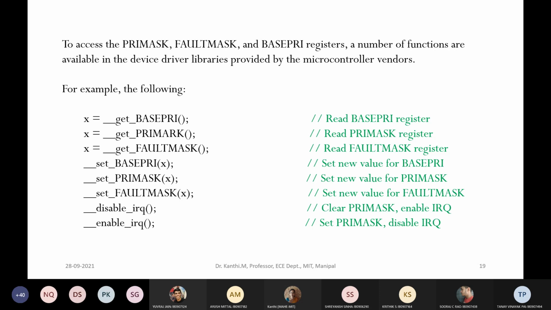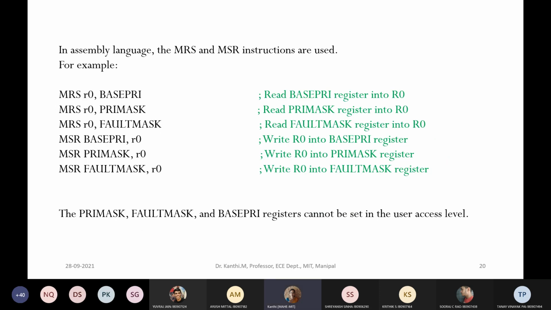These are the assembly code equivalents, similar to the one I have shown with C. MRS R0, you can get the special registers. You use the special register instruction to read or write. But please remember that I cannot write in the normal user mode.